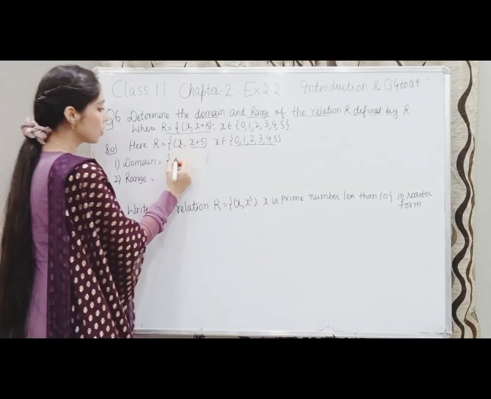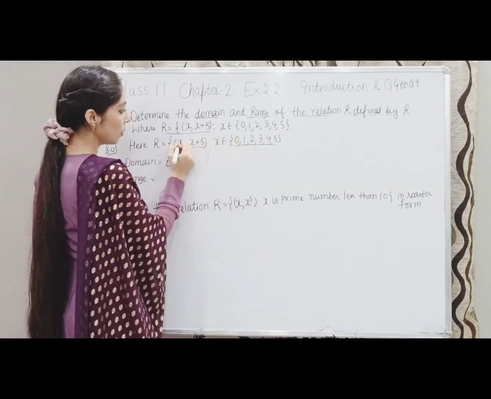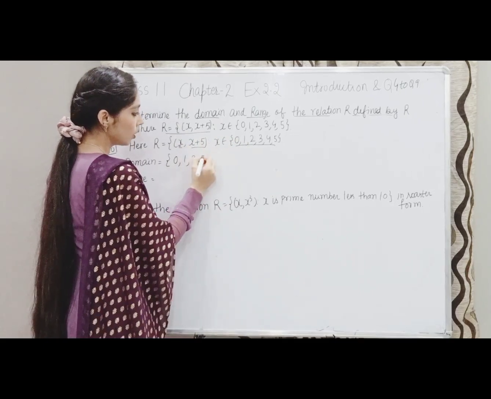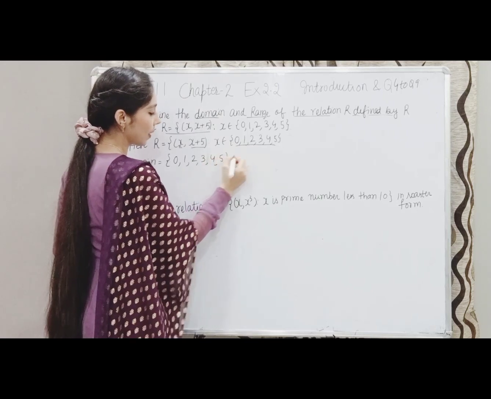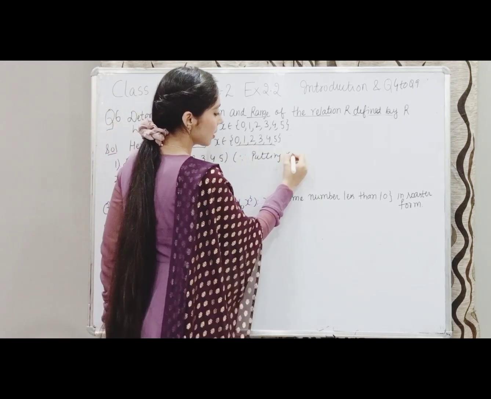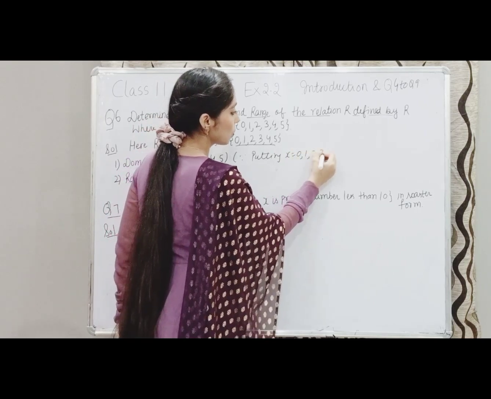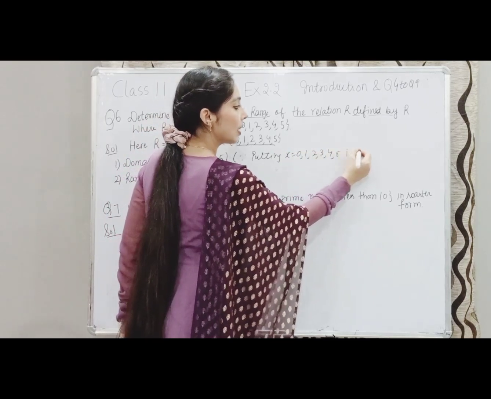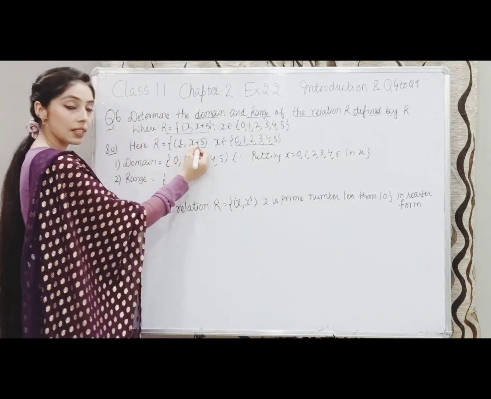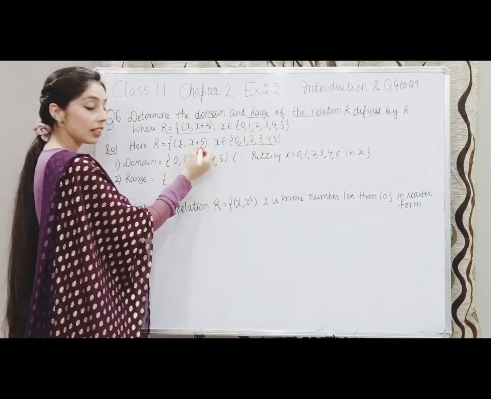Okay. So, if you put 0 in x, this will be 0 and next will be 1, 2, 3, 4, 5. This is obtained by putting x equal to 0, 1, 2, 3, 4, 5 in x, means in the first component. Okay. What about range? Range is the second component.